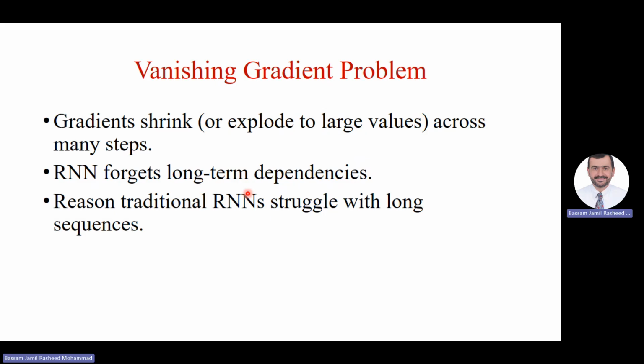If you have a parameter that has to go through multiple stages of multiplication, and those multiplications are greater than 1, then these values explode. If the multiplications are less than 1, then those values vanish. They approach 0. And this is one of the most important problems of the RNN, the vanishing or the exploding gradients.